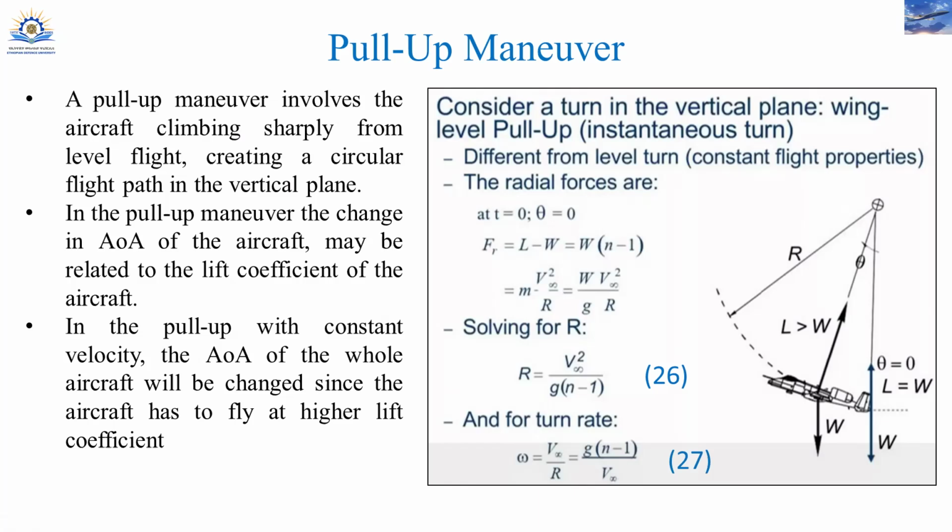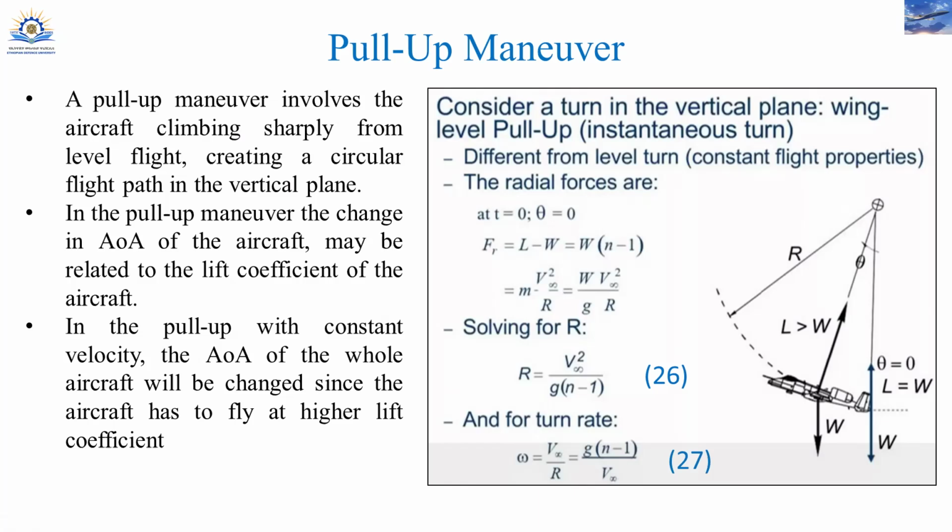So n should be maximum, V should be minimum. That is the meaning. Again, the turn rate is equal to G times n minus 1 over V. What is different from before is n minus 1, where before it was the square root of n squared minus 1. So turn flight and this are similar things. Okay.